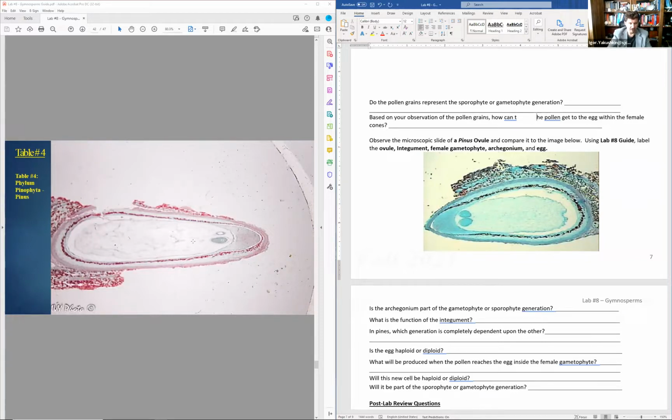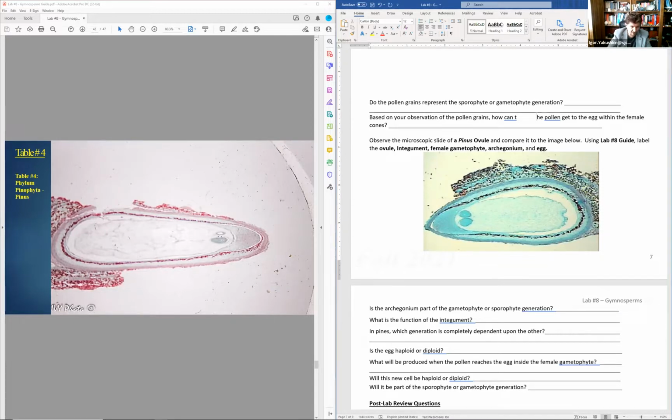Now we're looking at the integument. Integumentary system means skin, so the cover, the outer layer, or layers, I should say, that's the integument. Now, the female gametophyte is all of this right here in the middle, the tealish part.